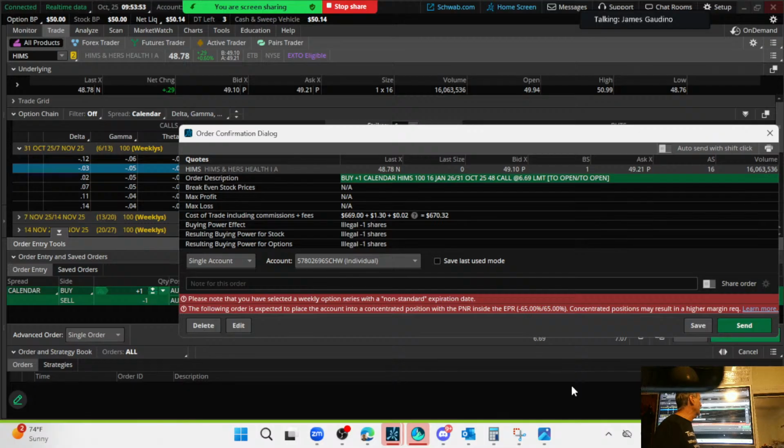Now, for that, we are paying, okay, I want to change that to market. Well, the challenge here is, though, we're not going to know what our rate of return is going to be, because the value of January 16 and this one right here is different.